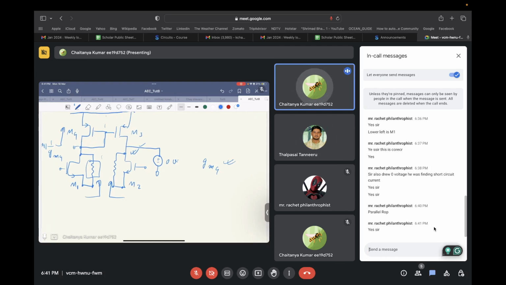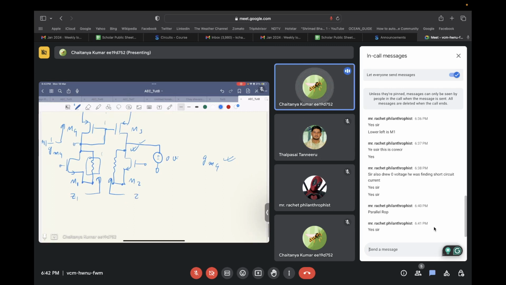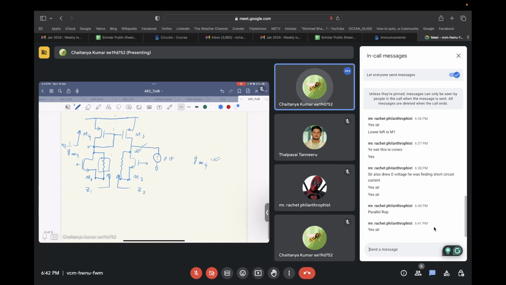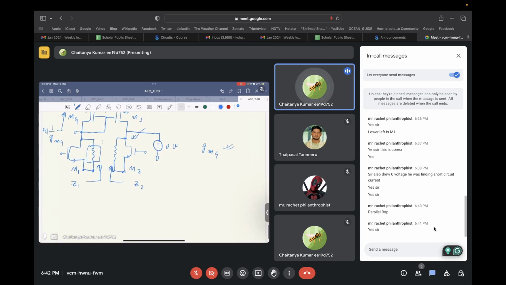Let's call this Z1 and this Z2, where Z1 and Z2 are the looking-in impedances of the two cases. Now, can you tell me what is Z2 quickly? Looking from the source.